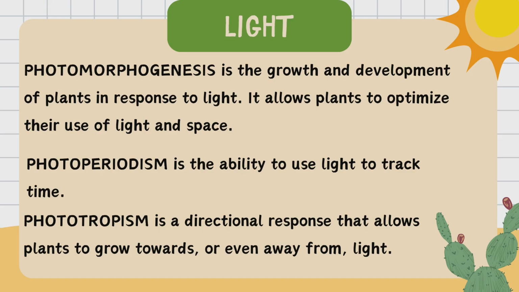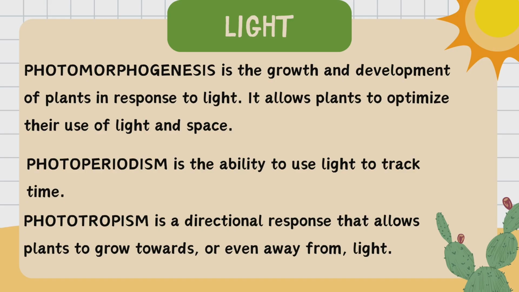This information from the cell is sent to other parts of the plant, such as the shoot apical meristem, to control processes like flowering, seed germination, and growth patterns. So, in short, these cells help the plant know the right time to bloom or grow based on the amount of light they receive each day.